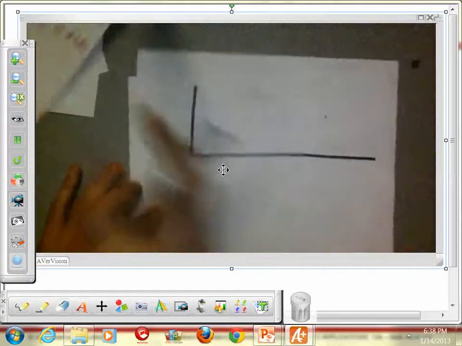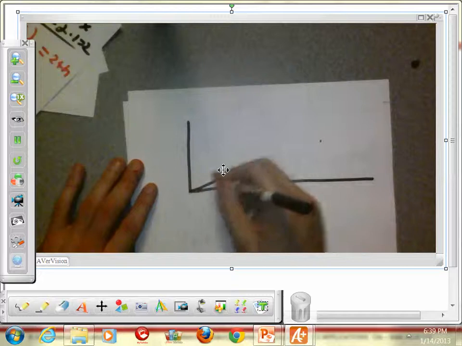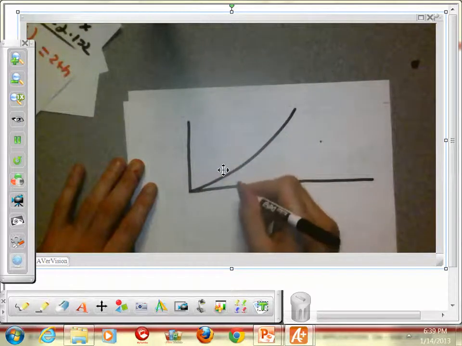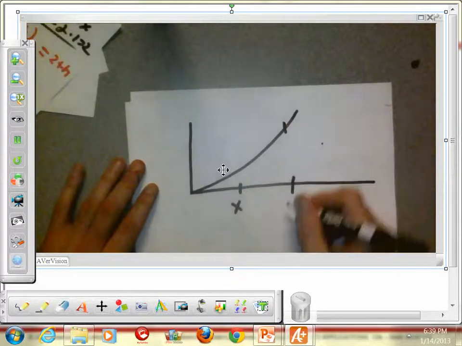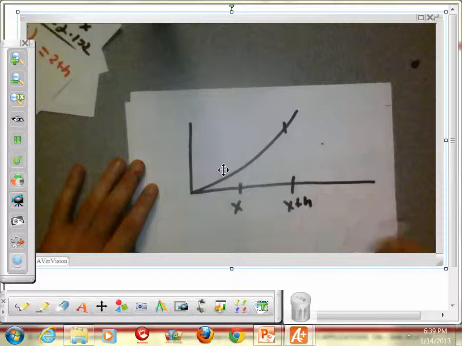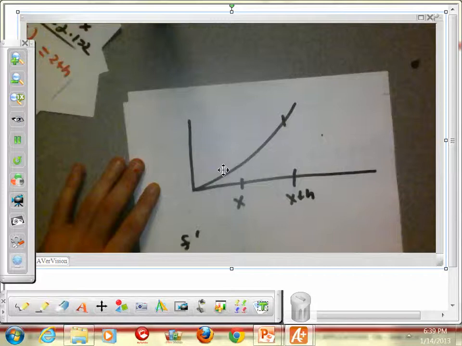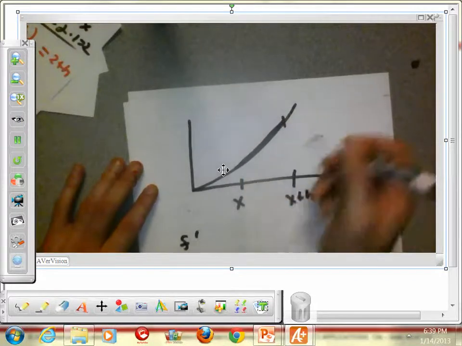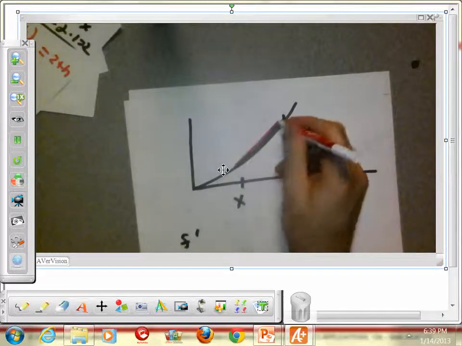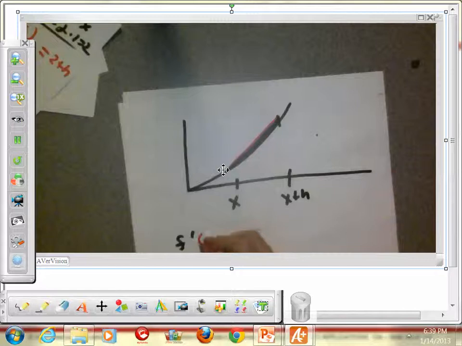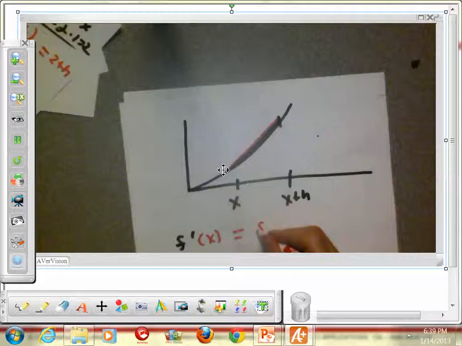Where does this idea come from before we move on to the next slide? Well, if this is my curve x squared, and say this is x, and this is x plus h, then if we just take the slope of the line between these 2 points on the curve, the slope is going to be the difference of the y values.